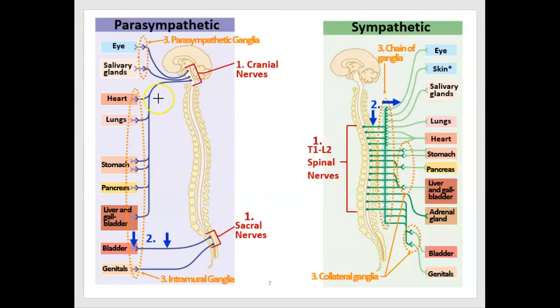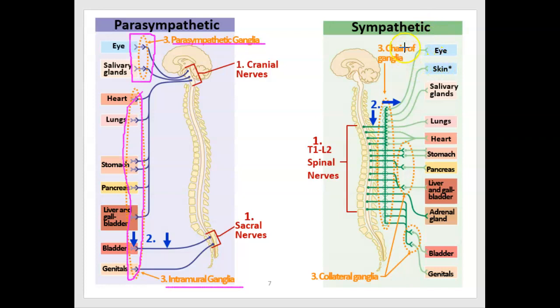So in the case of the parasympathetic nervous system, ganglia are always close to the organ of innervation. Many times we would call this ganglion an intramural ganglion. Other times it's just called a parasympathetic ganglion.